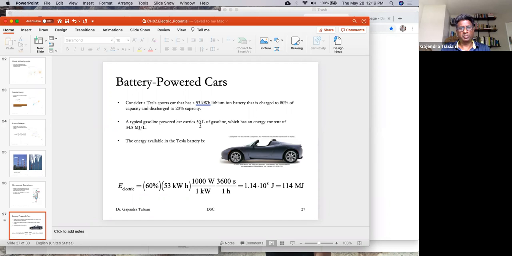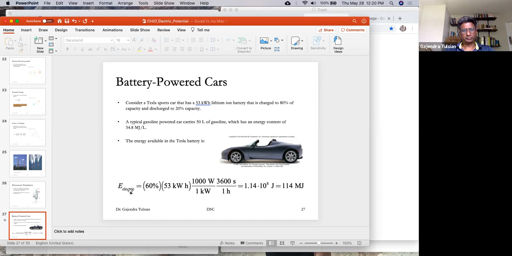Okay. So we'll do some numbers. A typical gasoline powered car can store about 12 gallons, and a gallon is roughly 4 liters. It's 3.75 liters, but anyway, we'll say 4 liters. 12 times 4 is 48 liters. So roughly, a gasoline powered car can store 50 liters of gasoline.